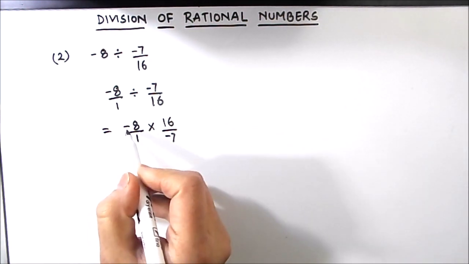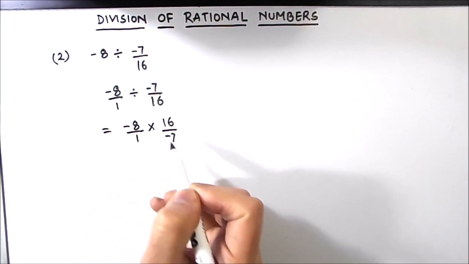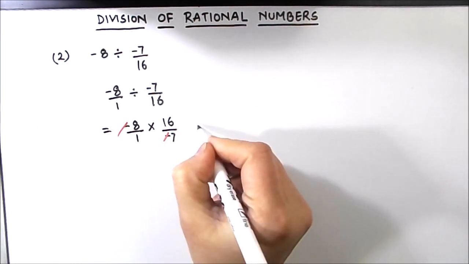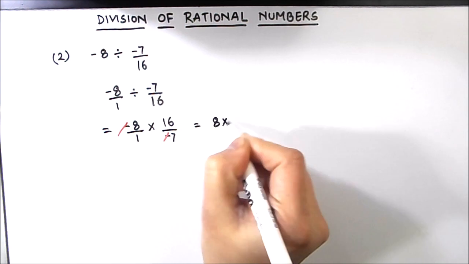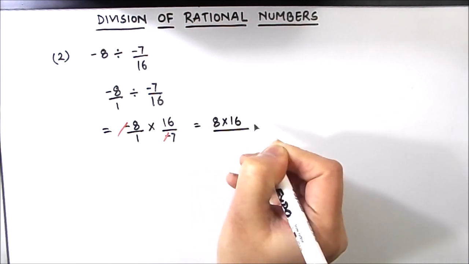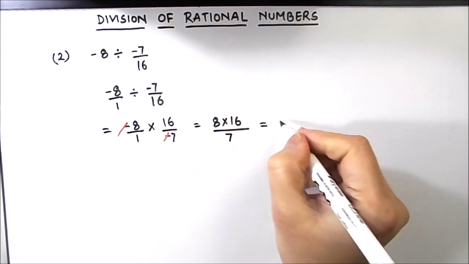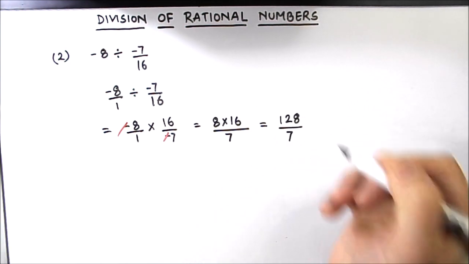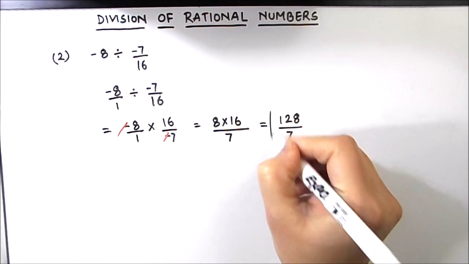So now the negative signs in the numerator and denominator will get cancelled. So we are left with 8 times 16 divided by 7. So 16 times 8 is 128 divided by 7. This is our final answer.